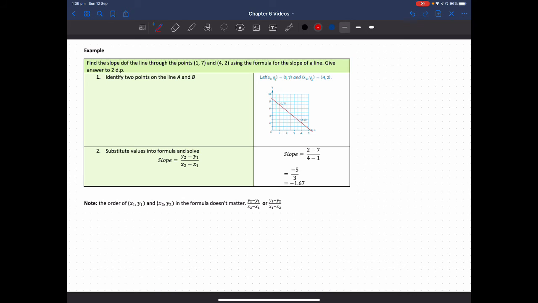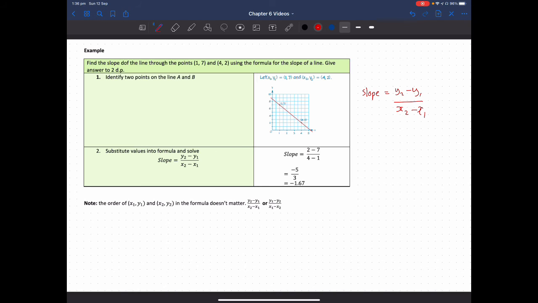This example says, find the slope of the line through the points 1, 7 and 4, 2 using the formula for the slope of a line. Give answer to 2 decimal points. So we're finding the slope. We know our slope is equal to y2 minus y1 over x2 minus x1.